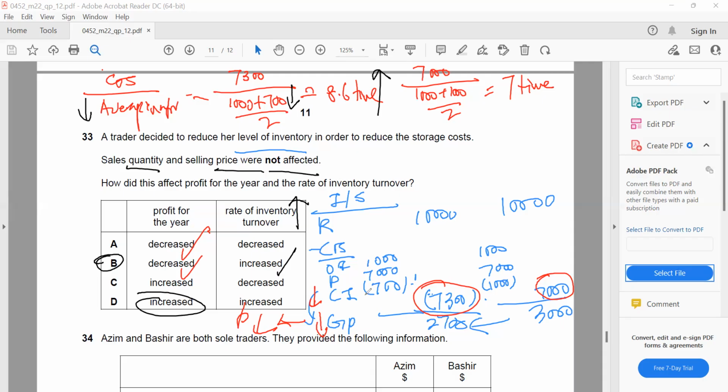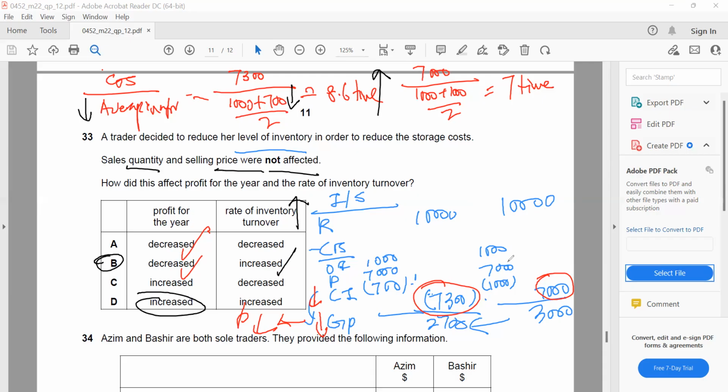Closing inventory reduces, gross profit will reduce, profit will reduce. This one no change. Purchases no change, this one is 8,000. 8,000 minus 700, you get 7,003, minus 10,000, so we get 2,007.